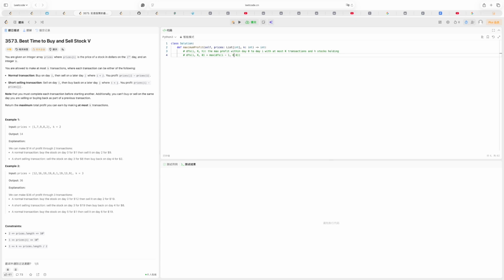And since we didn't do any transaction, k will be the same. And the other situation is that in the previous day I hold one stock, so today I can sell it, and it will be plus prices[i]. And since I have done a transaction, it will be minus 1 from k.